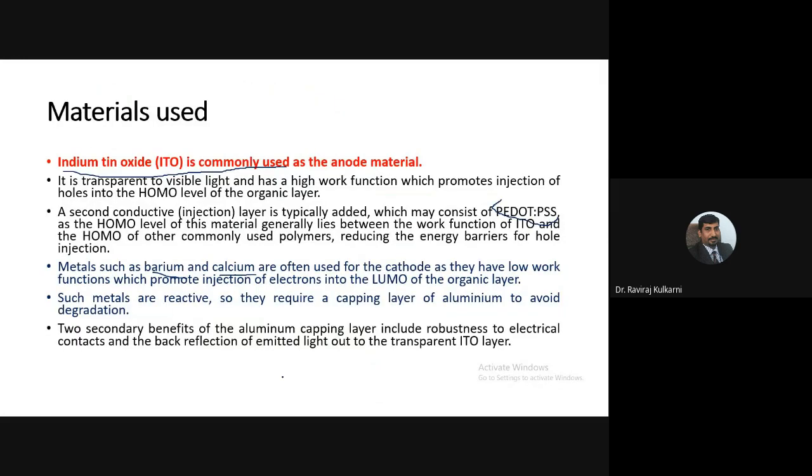These are very active materials, so that's the reason you require a capping layer. They are covered with aluminum, because otherwise they are very reactive. Calcium and barium are reactive metals. Two secondary benefits of aluminum capping are robustness in electrical contacts, and back reflection of emitted light out of the transparent layer can be achieved.